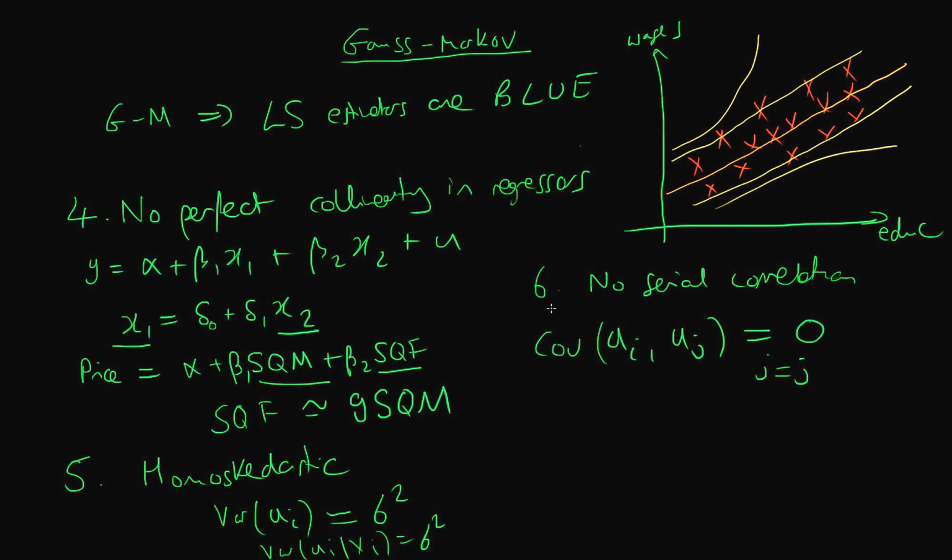So this last assumption of no serial correlation means that the errors essentially have to be independent of one another. Knowing one of the errors doesn't help me predict another error. In other words, if I know this error here in my diagram, that doesn't help me predict this error here for a higher level of education.